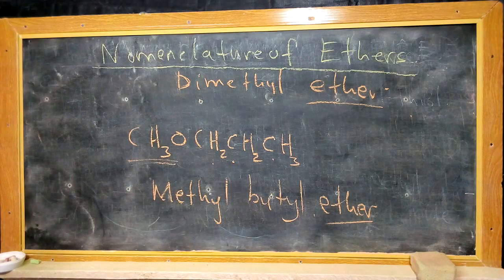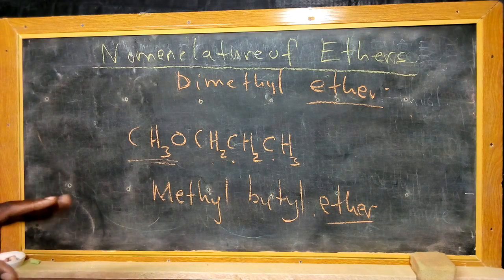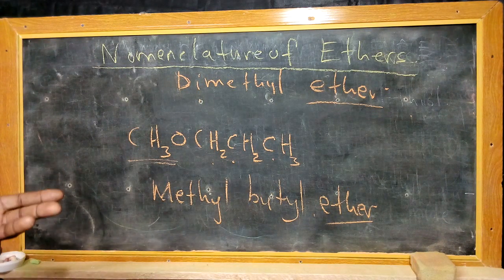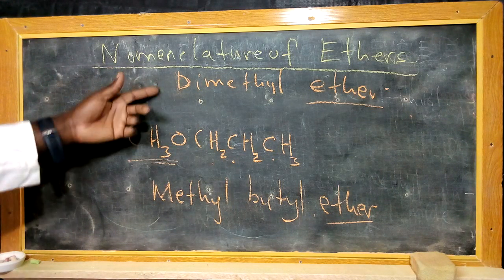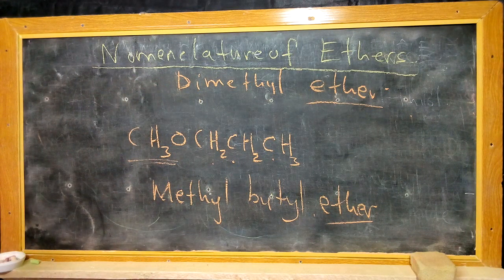If you look at those two specific names, there is a characteristic ending, ether. In naming ethers, they always have that characteristic ending, ether, but we shall look at the IUPAC naming system. These are the common names we use for this compound.